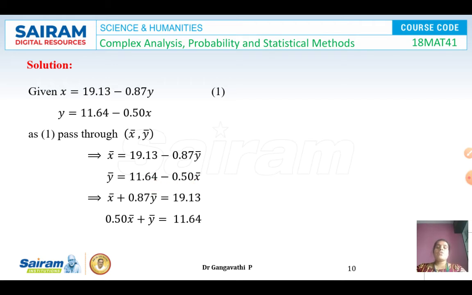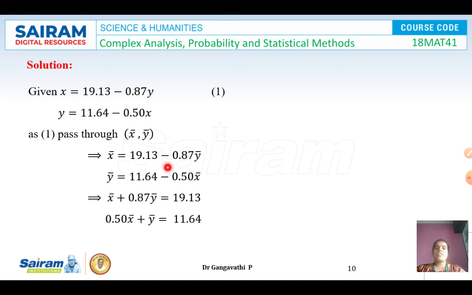Now we need to solve these equations. In order to solve them, let us write them in proper order, with x and x together, y and y together. The first equation we can write as x bar plus 0.87 y bar is equal to 19.13. For the second, let us take minus 0.5 x bar to this side, so it becomes 0.5 x bar plus y bar is equal to 11.64.